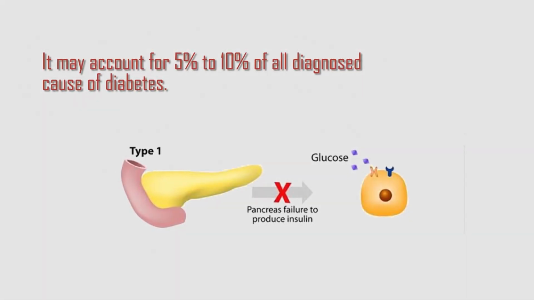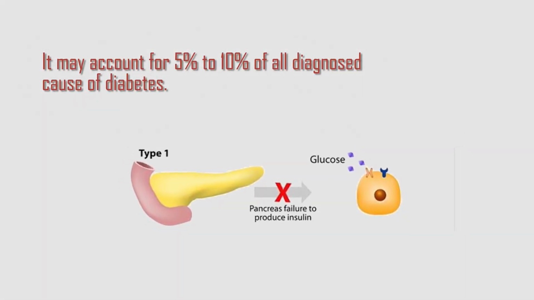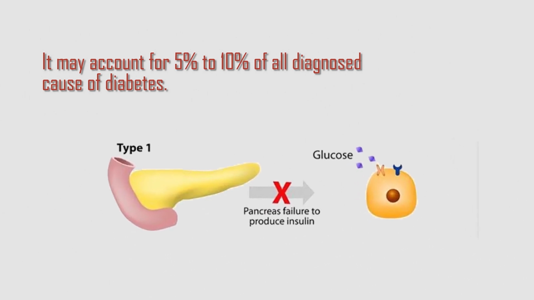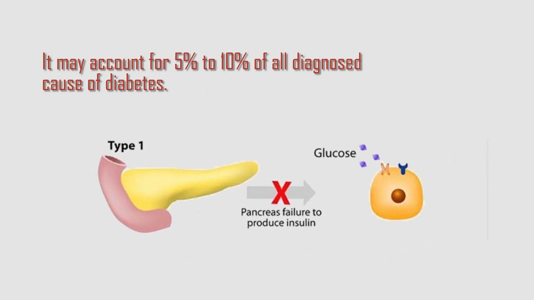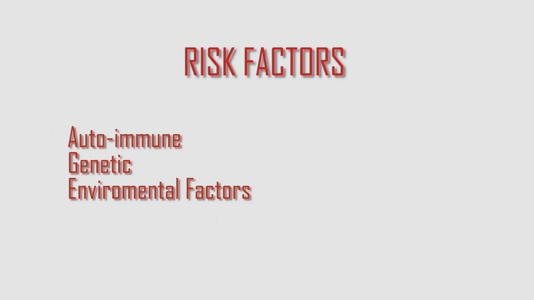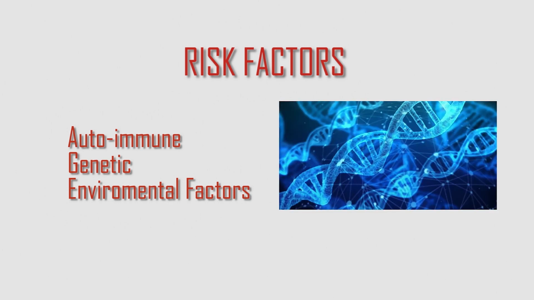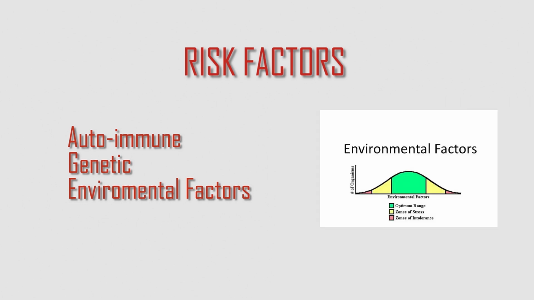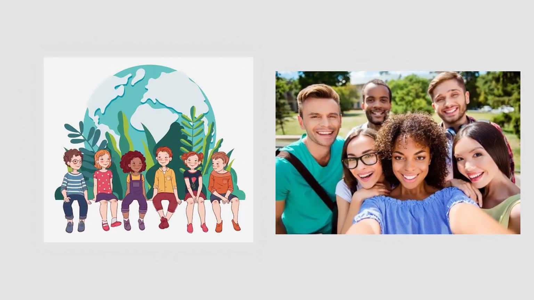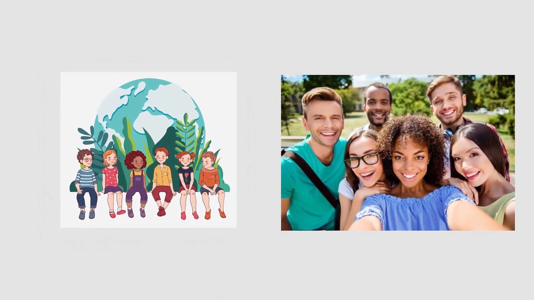Type 1 diabetes may account for 5% or 10% of all diagnosed cases of diabetes. Risk factors are less defined for type 1 diabetes than type 2 diabetes, but autoimmune, genetic, and environmental factors are involved in the development of this type of diabetes. It's mostly common in kids and young adults. So that's for type 1 diabetes.